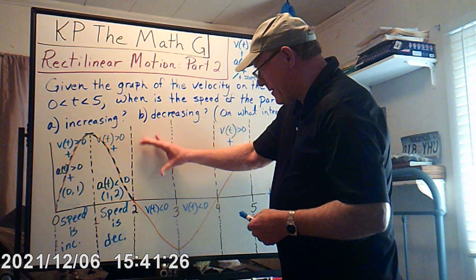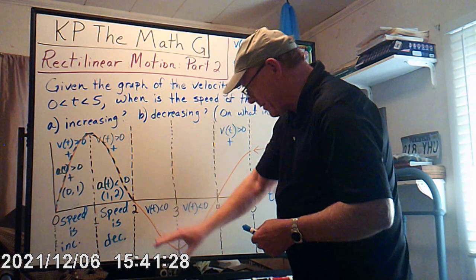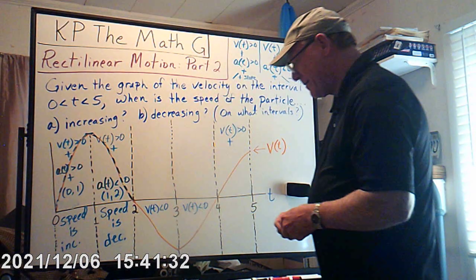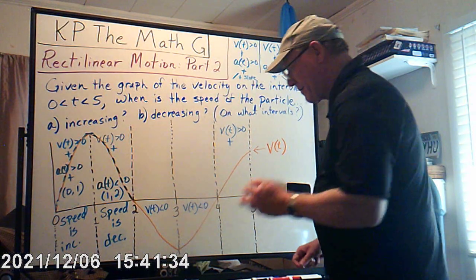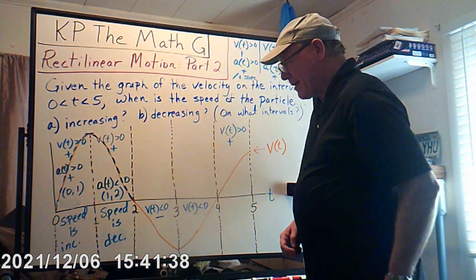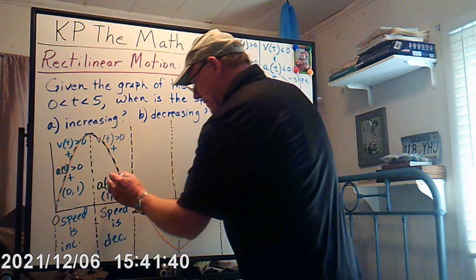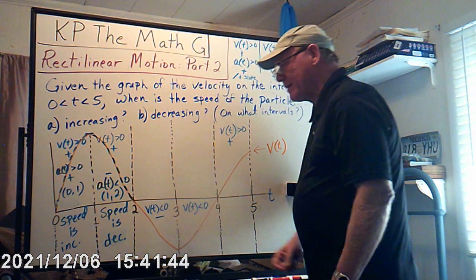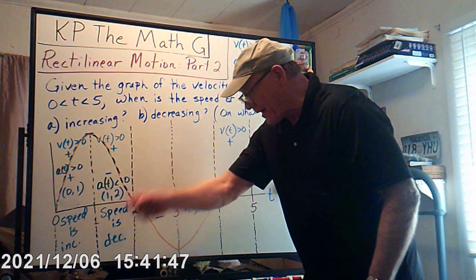Now we're looking below the graph. We already know that v at t is less than 0. We know that one is negative. A at t is negative on this one. A positive and a negative is a negative.